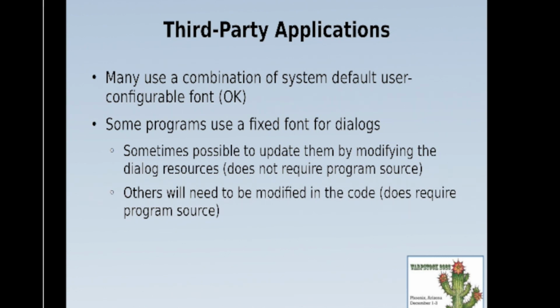It's a bit of a process, but it's quite doable, as long as the fonts are defined in the dialogue resources. This does not require access to the program source code. It probably requires permission from whoever owns the program, if there is still somebody who owns it, but that's something that can be addressed going forward.